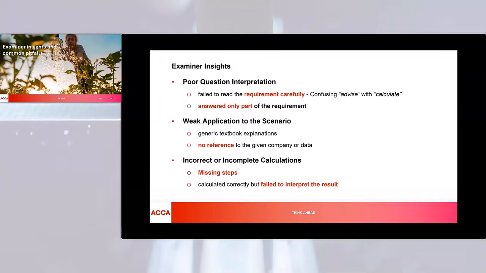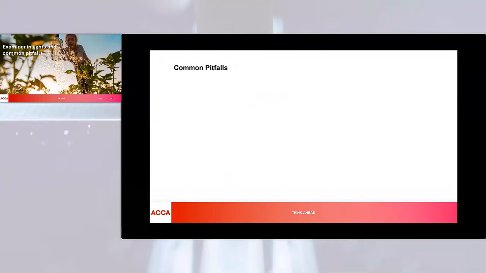Overall, the common pitfall when we discuss is that candidates don't answer what is asked. When a calculation is asked, they go more into the comments, and when comments are asked, more time is given to the calculation. When dividend policy theory is asked, they write about the capital structure theory. They don't stick to what is asked.